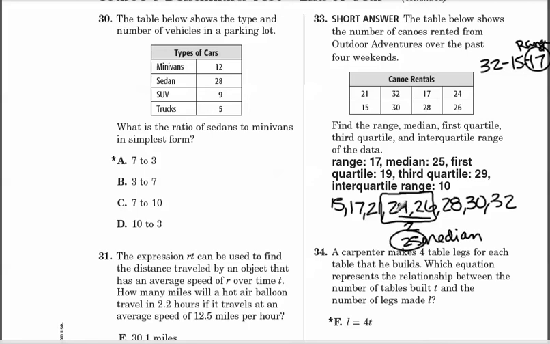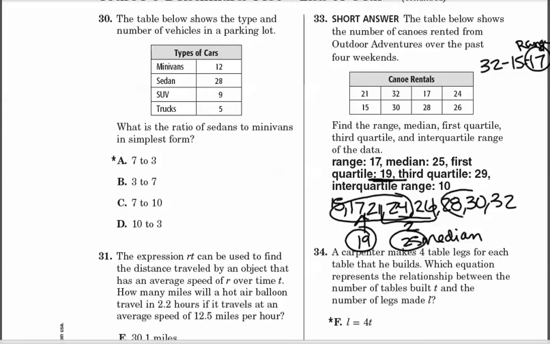From there, we look at all the numbers before the median, so 24 to 15, and we find their middle number, right here between 17 and 21, which would be 19. So this right here is called the first quartile.